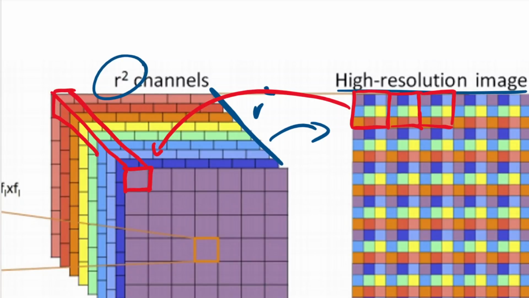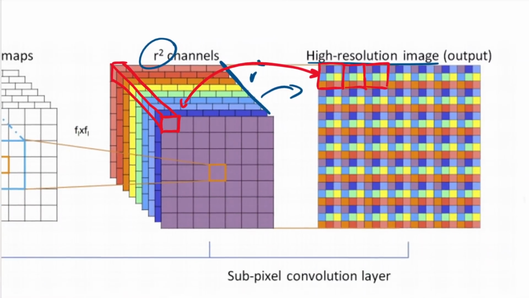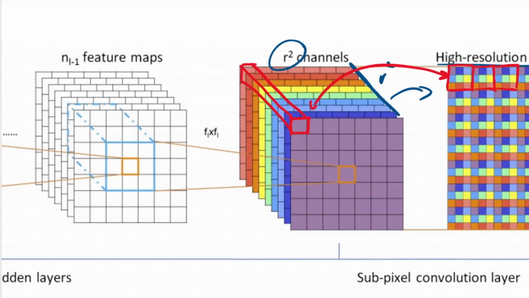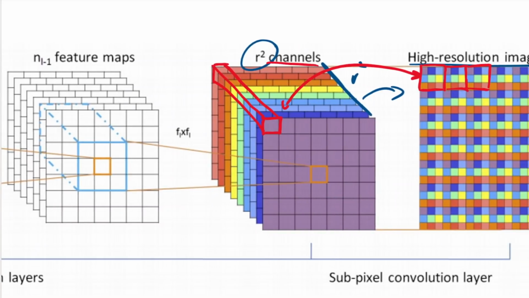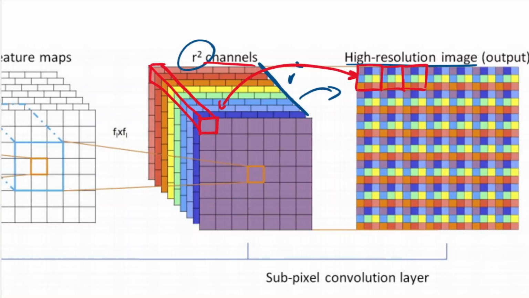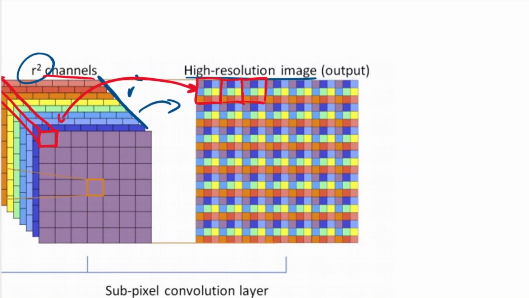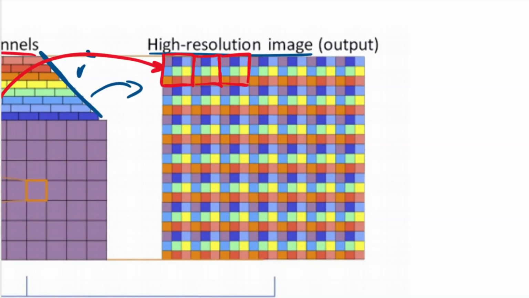All right, so this way you're going to upsample by having lots of channels here, doing the computation as if they were lots of channels in a low resolution image, and then you upsample by just unrolling the channels locally.